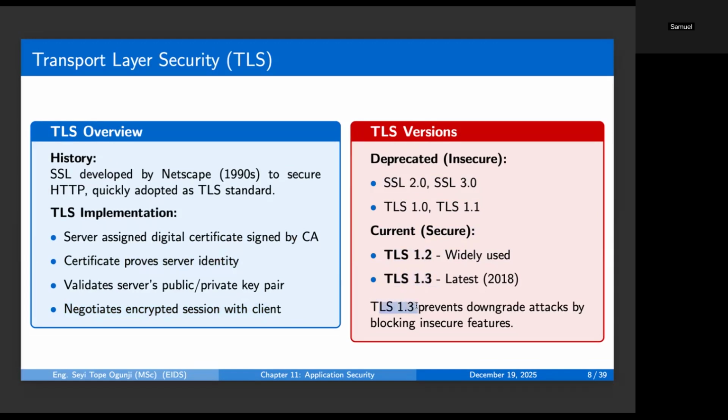TLS 1.3 prevents downgrade attacks, and it does that by blocking off any insecure features. So we say the secure versions of TLS are 1.2 and 1.3. The 1.2 is the one widely in use.